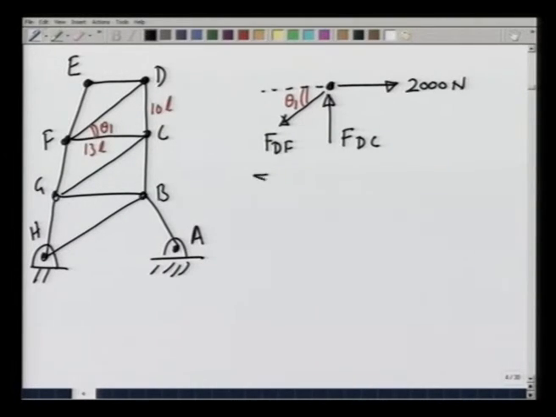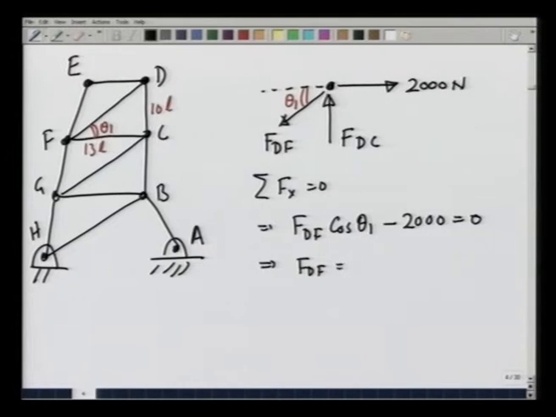By summation F_x equals 0, I get F_DF cosine of theta 1 minus 2000 equals 0, and that gives me F_DF equals 2000 over cosine of theta 1.